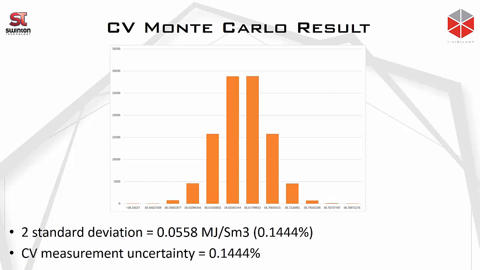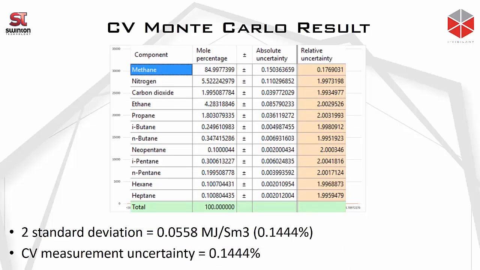In this particular case, we got 0.0558 megajoules per standard meter cube, or 0.1444%. So if we take this particular composition with this relative uncertainty, we would expect that the CV measurement will fall within plus minus 0.1444%. Now we know that this is the expected uncertainty from this particular distribution of numbers.